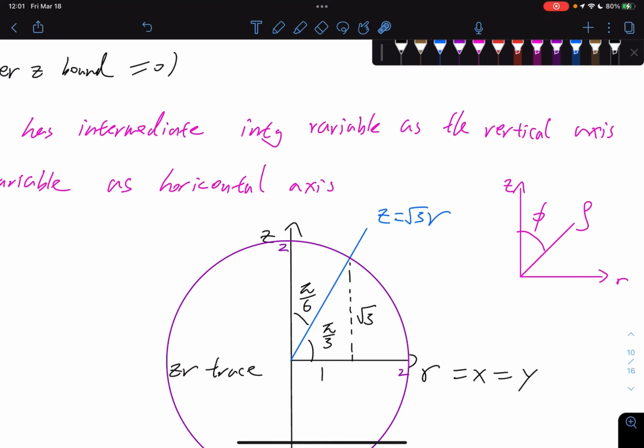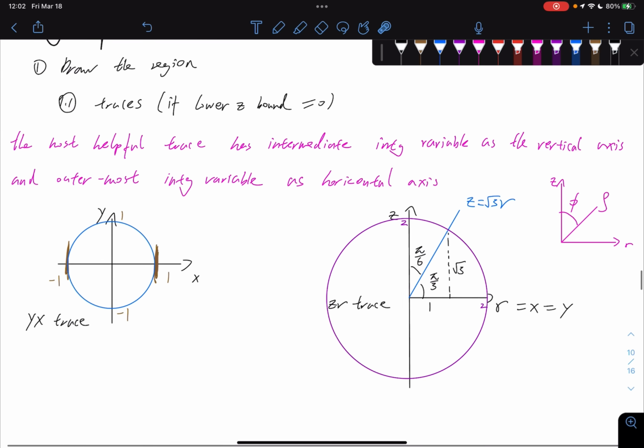I'm shooting up a laser, and that means my theta equals 0, and I can reach up to the radius of 2. But I can rotate this laser. I can continue to hit our radius of 2, but I must stop at this blue line, and that means the maximum angle of phi is pi over 6.